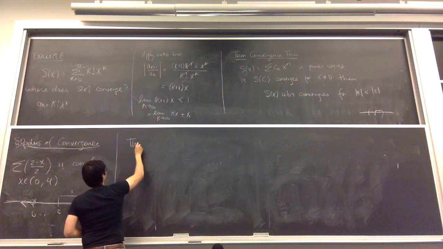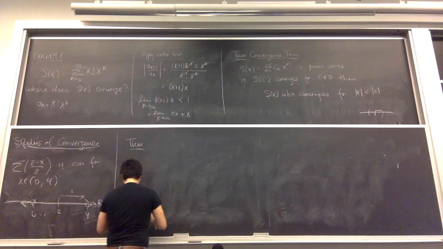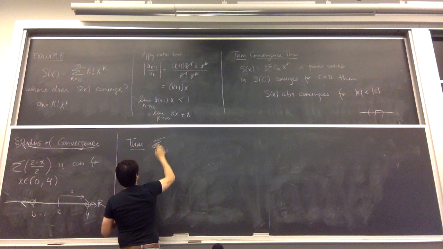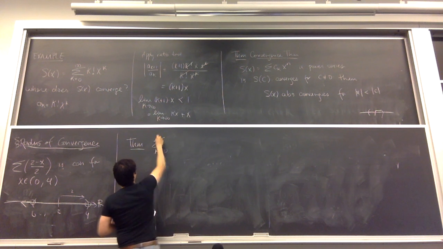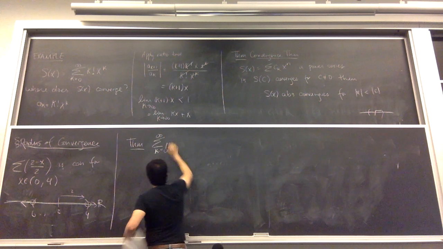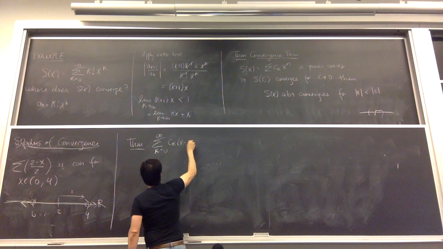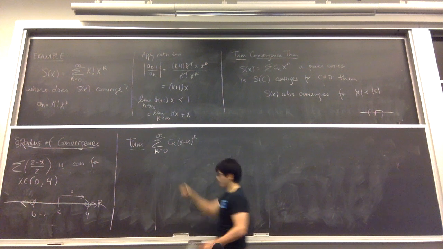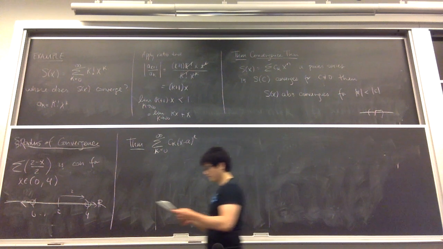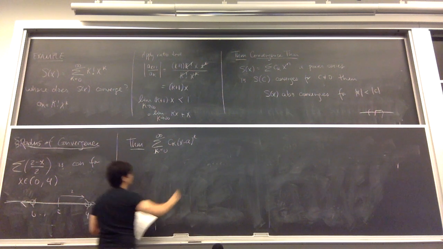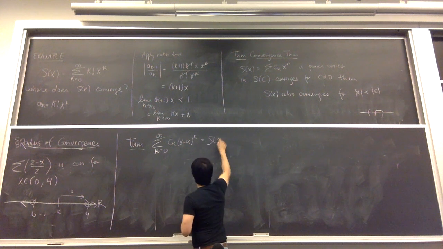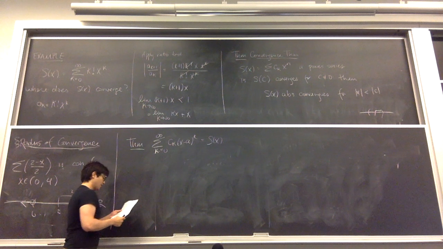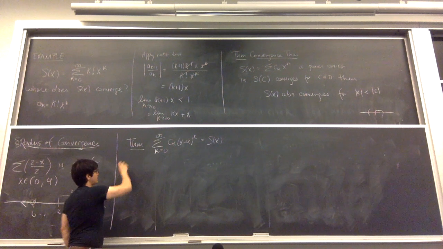Here's another theorem. If you have the sum from k equals 0 to infinity of a coefficient times x minus a to the k, what's the center of this? A. So we know that S of a is convergent. Let's call this power series S of x.